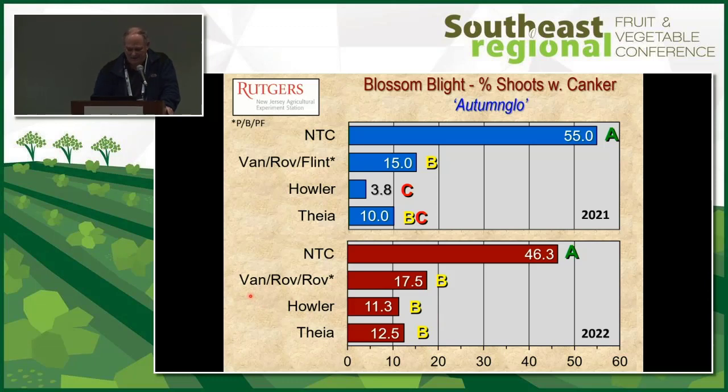Now we're back to the Vanguard Rovral because we took care of the scab with the Flint up here, so we're back to the standard program. Okay, but these down here are all higher than what we have up here. So I think we are still getting some effect, although it's less of an effect, probably because only part of the shoot was affected by the frost.